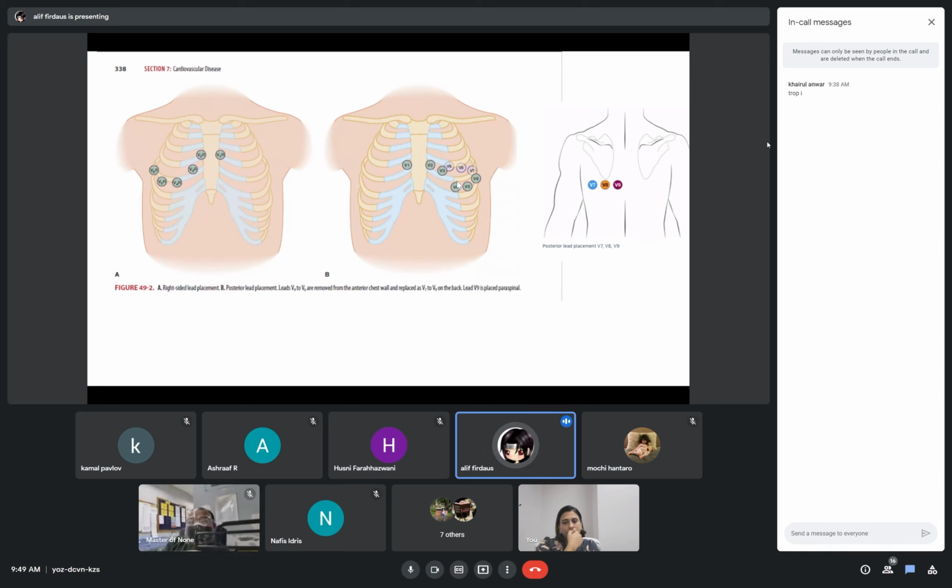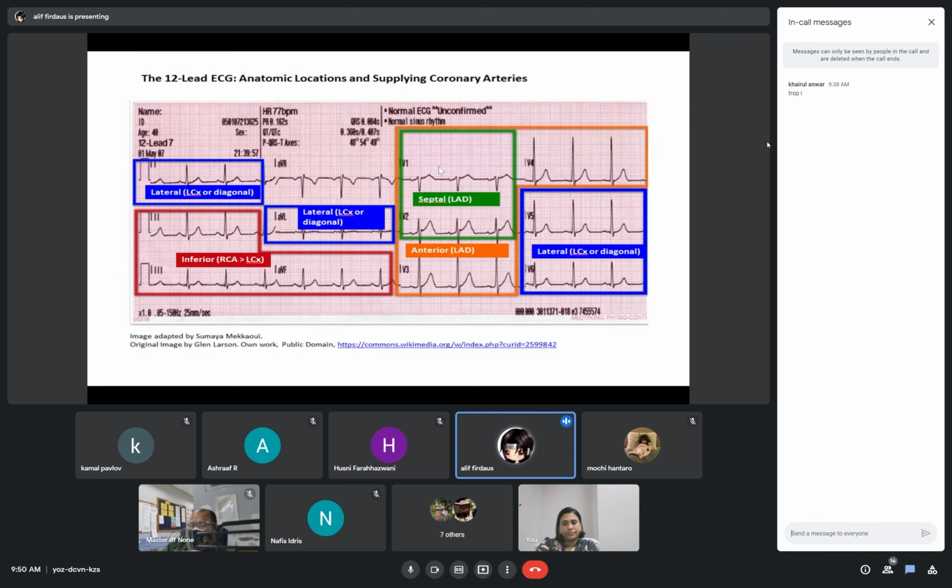But if the patient has dextrocardia, the heart on the other side, we put the leads on the opposite side.